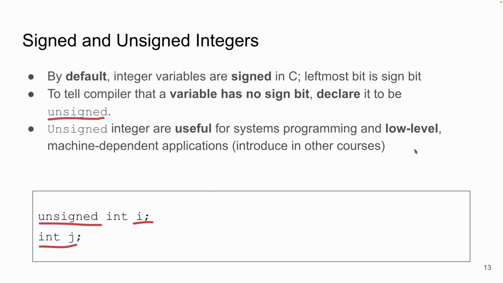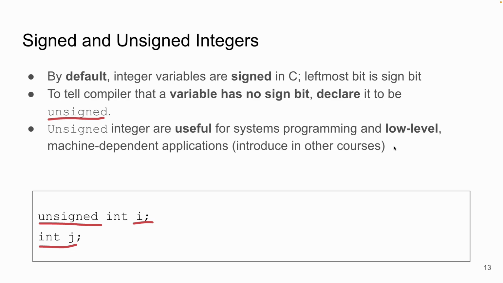And maybe some of you might wonder, what is the purpose of using an unsigned integer? Actually, the unsigned integer is useful for system programming and low-level machine-dependent applications. Since we haven't introduced low-level programming yet, I won't go too much into that topic here, but just remember the unsigned integer has its special use.